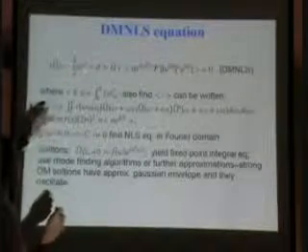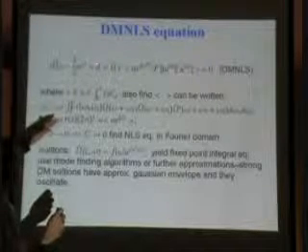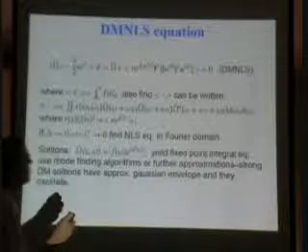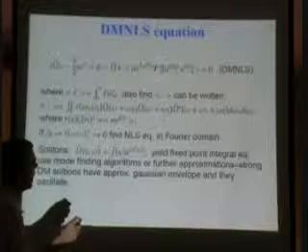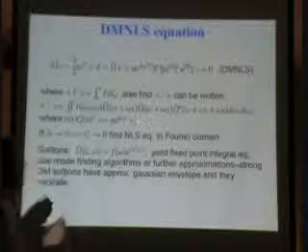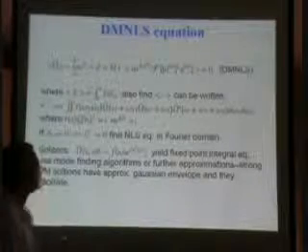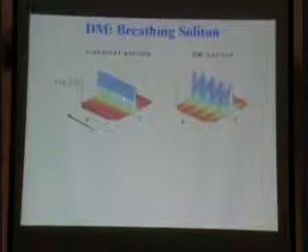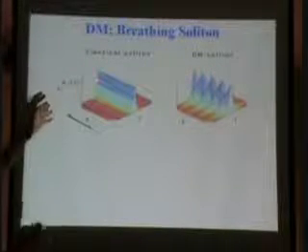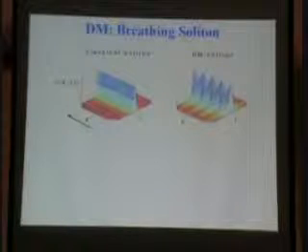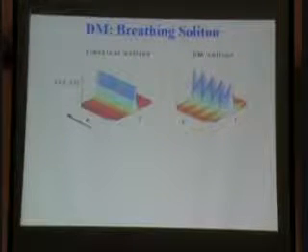U_Z, in Fourier space, omega squared average, and then an average term which can be written as a double convolution. If this is a constant, then you get nonlinear Schrödinger. You get an integral equation to represent soliton solutions. Here's a classical soliton. Here's a dispersion managed soliton.